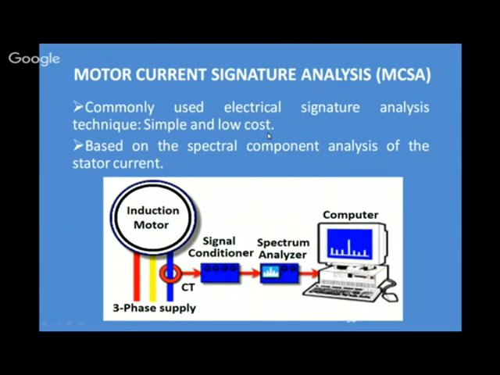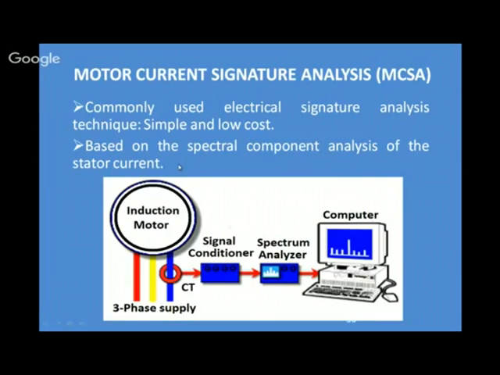Motor current signature analysis, as the name implies, will have the monitoring of current that is being fed to the induction motor. So in this diagram we have a current transformer which is installed at the supply end of the induction motor.